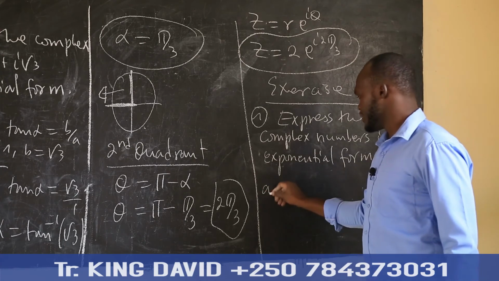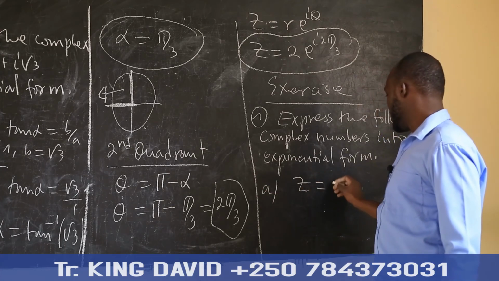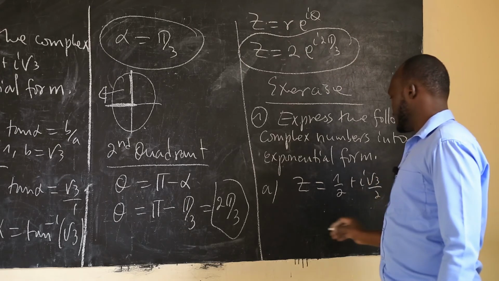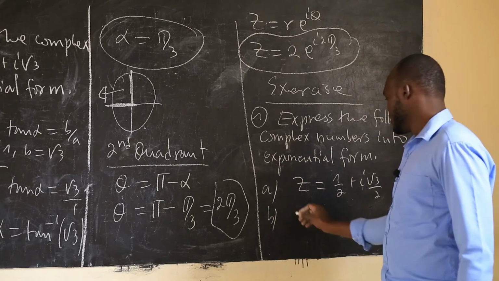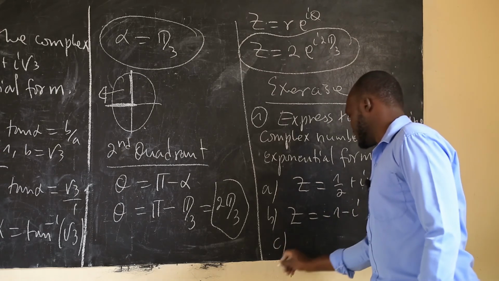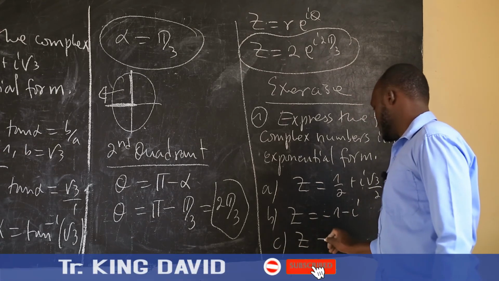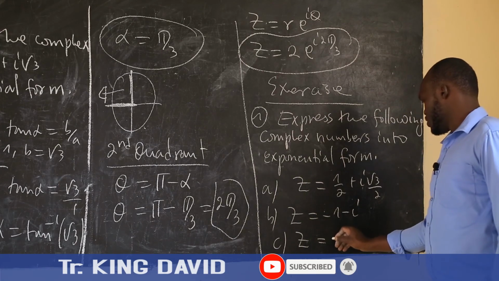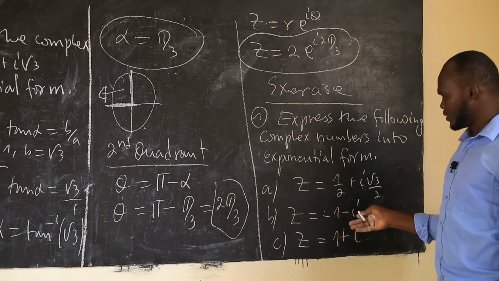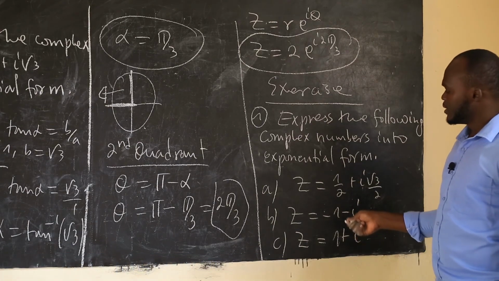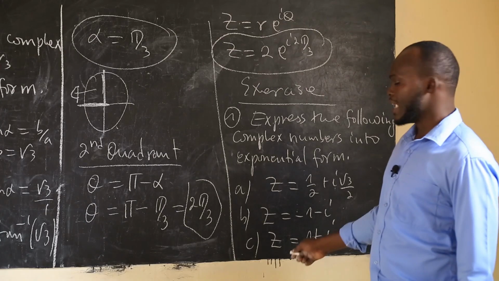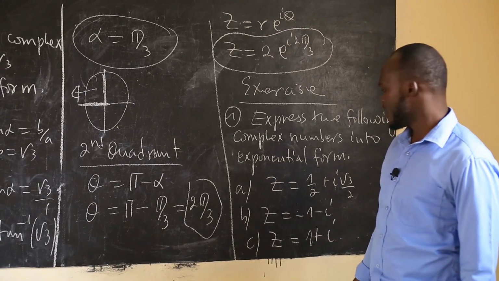We have a, z equal to a half plus i root 3 over 2. We have b, z equal to -1 minus i. We have c, z equal to 1 plus i. So try to do those exercises to help you understand very well how we can express algebraic form into exponential form.